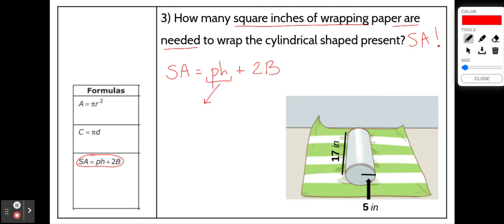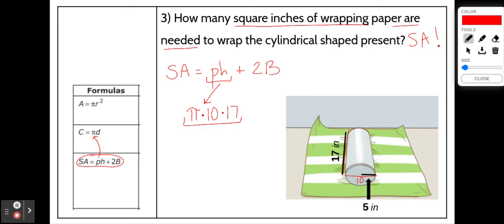So let's do the pH first. Remember, P is perimeter, and perimeter is the distance around the circle. So I have to use the distance around the circle formula, which is circumference. So I'm going to use pi times diameter. If the radius is 5, that means all the way across is 10. So 10 is the diameter. Now we want to multiply that by the height, and the height is 17.